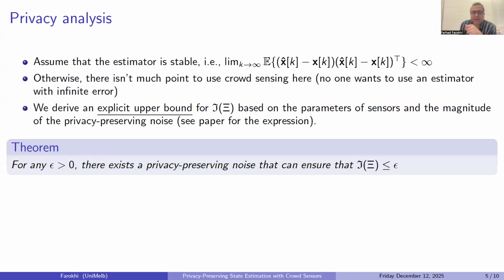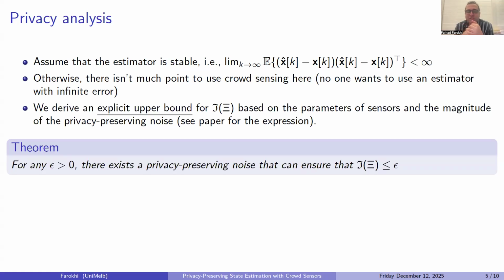So in the paper, and I don't put it in the slides here because it would have made these slides quite ugly, there is an explicit upper bound for this measure of information leakage from the previous slide, based on the parameters of the sensor and the magnitude of that privacy preserving noise that we show with this uppercase K. So this noise growing larger allows us to have more privacy by making this measure of information leakage smaller.